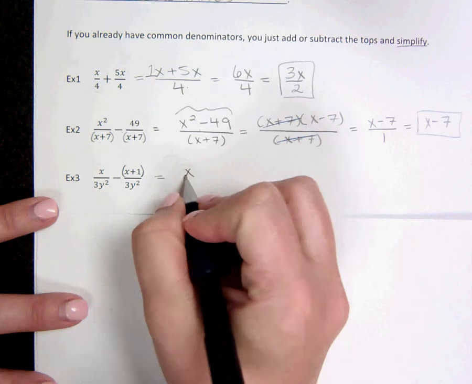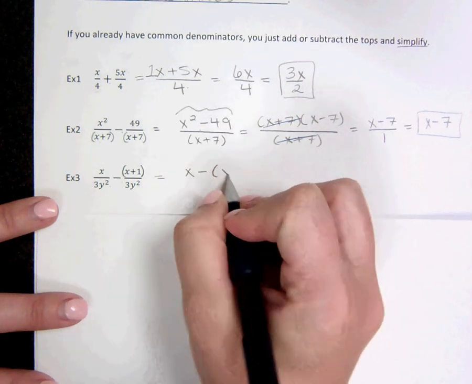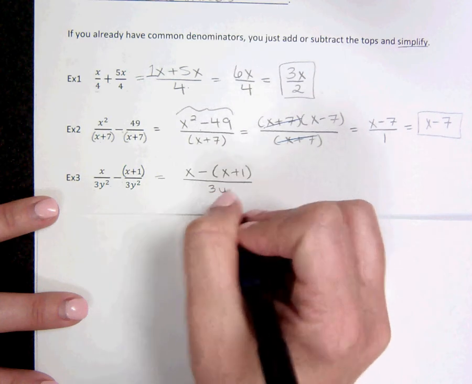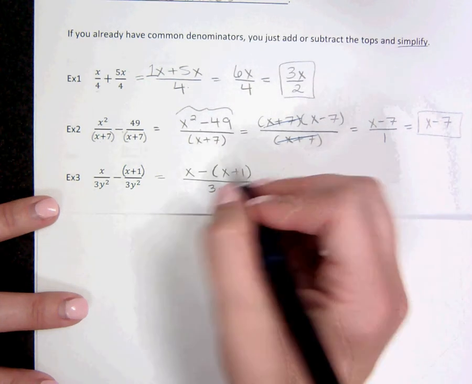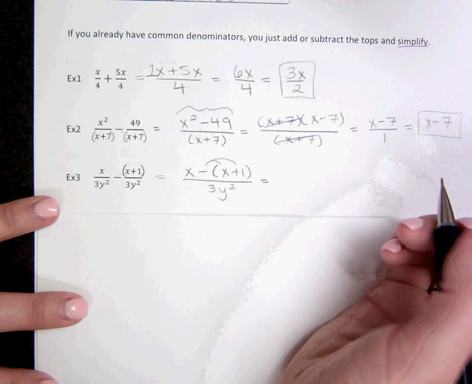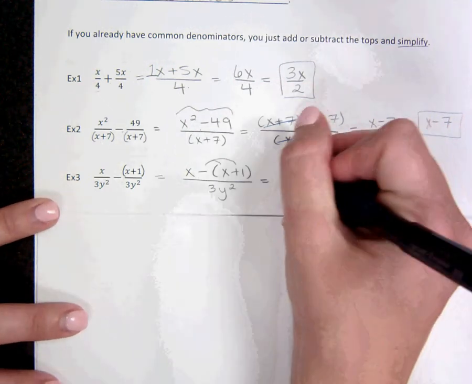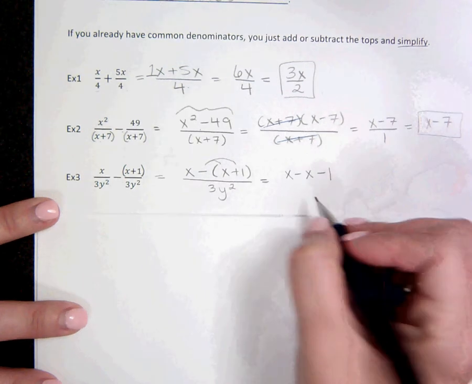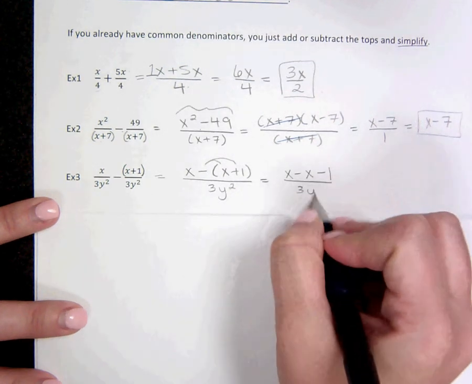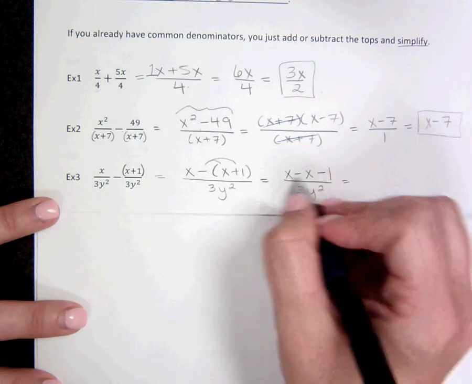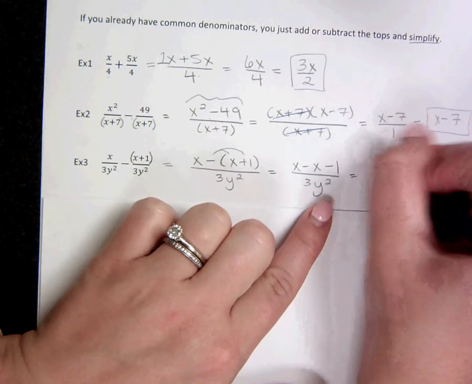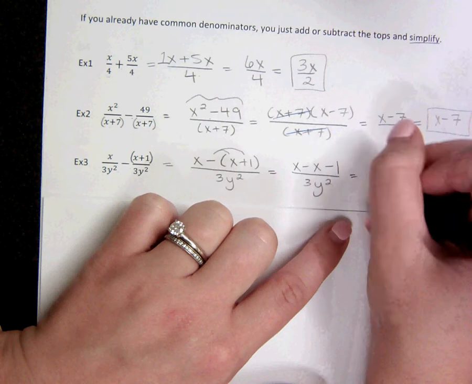So it's going to be x minus parentheses x plus 1 all over 3y squared. We'll distribute that subtraction to the entire binomial. So x minus x minus 1 over 3y squared. x minus x is 0 x's, so we just get negative 1 over 3y squared.